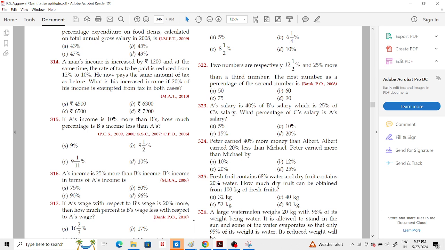So 12% of X plus 1200 minus 10% of X plus 1200. No, no. Okay, continue. Then the value of X came 96. No, no. See, you're close, but not completely. Okay, Niladri, you try it. You complete your attempt, and then I will do it.